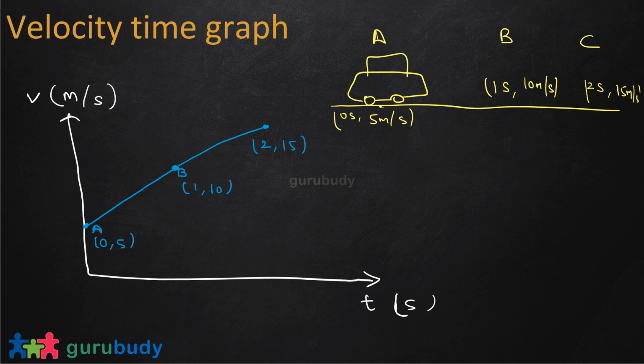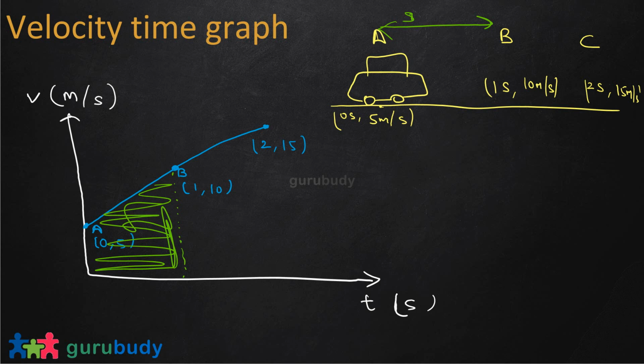Now let's say the question is asking to calculate the displacement of this car between A and B. So I need to calculate this displacement, right? How do I calculate that? It's pretty easy. All I have to do is calculate the area under this velocity time graph down to the time axis, right? Between A and B, I need to calculate this area. Once I know this area, I can calculate the displacement of this car between A and B. Let me add a few more points.